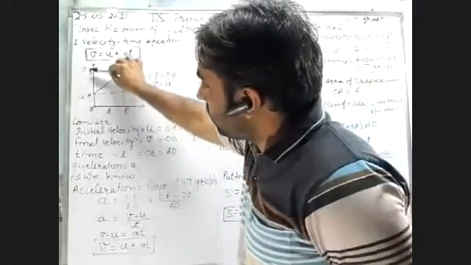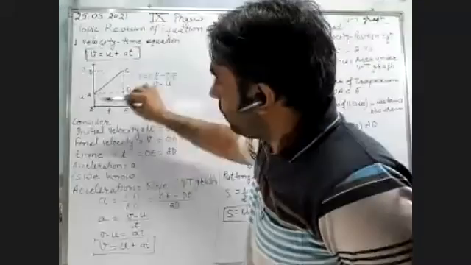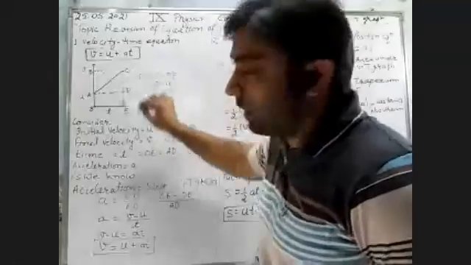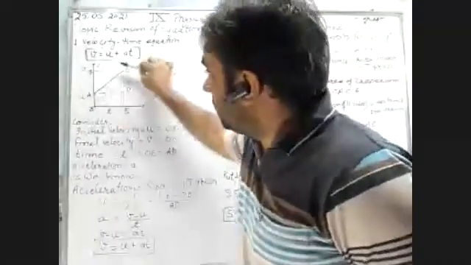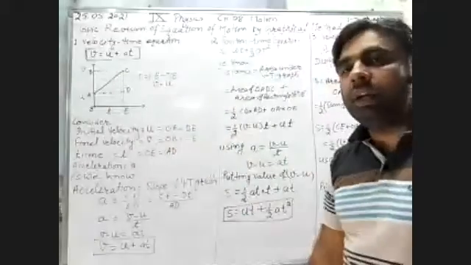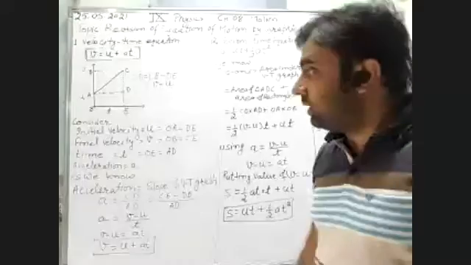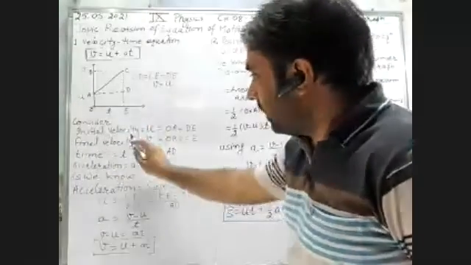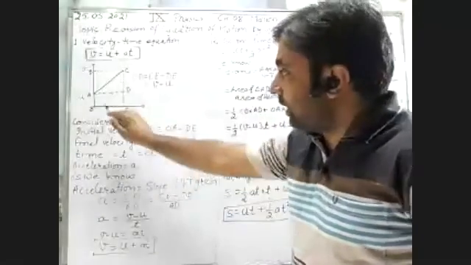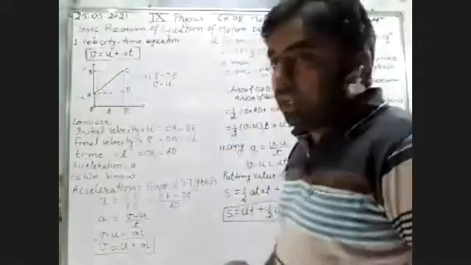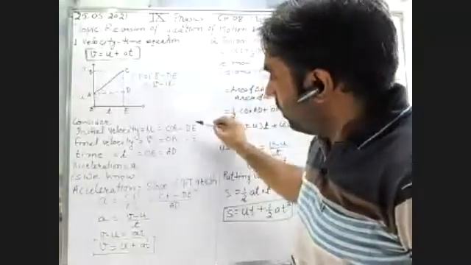OB is equal to v, so CE will also be equal to v, since OB and CE are opposite sides of a rectangle. So the initial velocity u is represented by OA, and OA is also equal to DE.